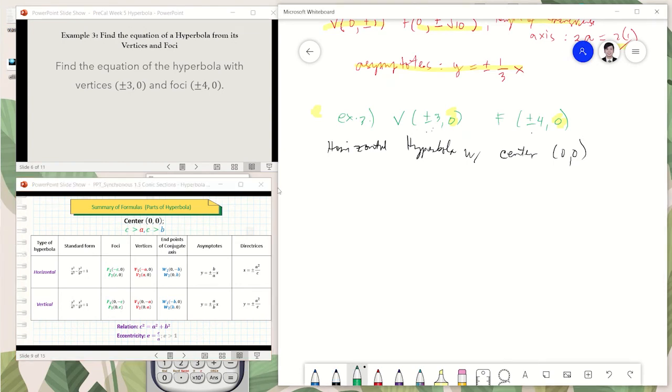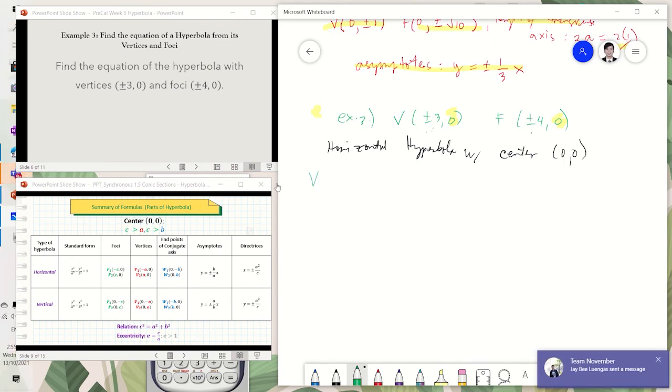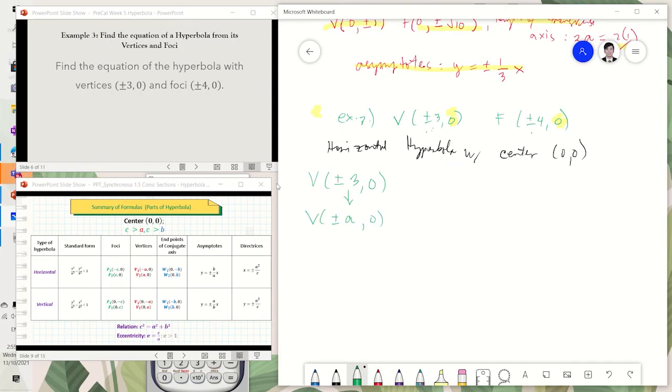Provided that we have the vertices here, vertices involve the A. So that's positive or negative 3, 0, and again, this is our A. So therefore, we can conclude already that A is equal to 3.